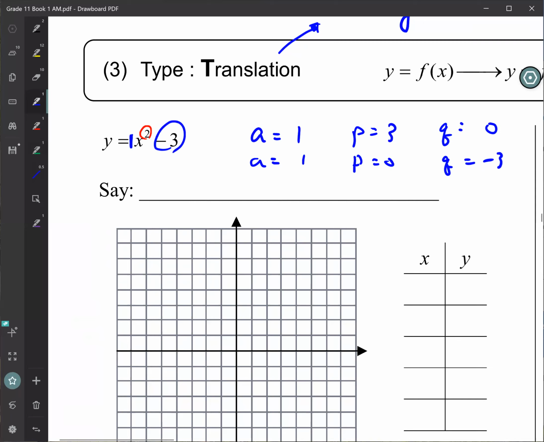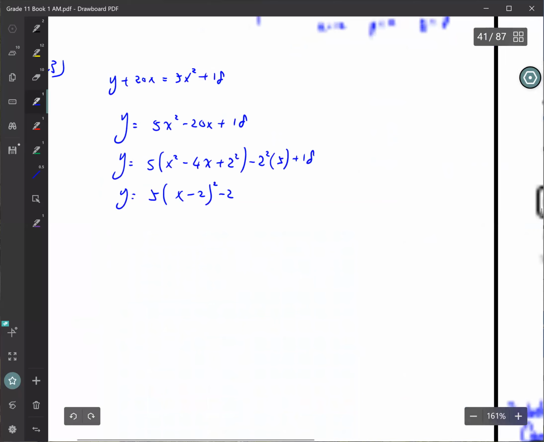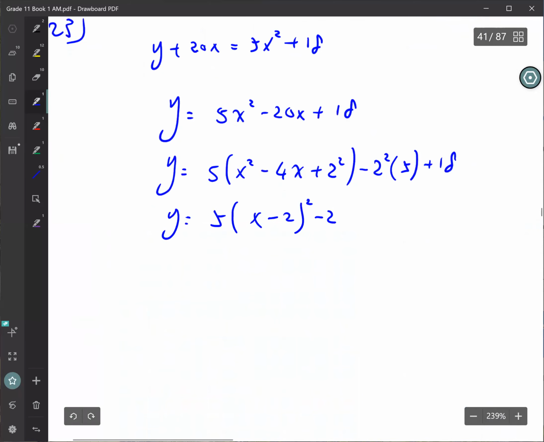So there's nothing to add and subtract with the X, right? If you look at the one of the homework questions that has the APQ, before the square, we have 5. After the square, we have the -2, right? So this one is the Q. For P, you need to have a bracket, right?